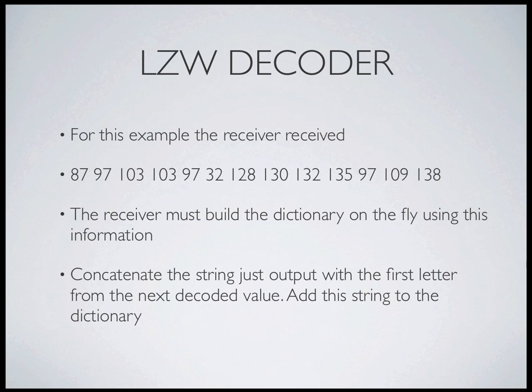As this progresses, the receiver has built up the table also, and so it knows what the transmitter is talking about when it sends a code for a sequence of characters.